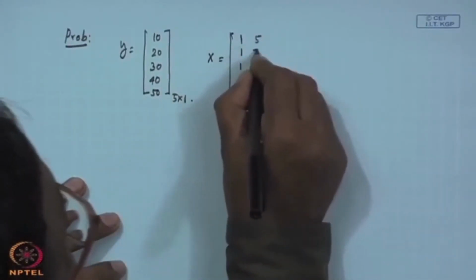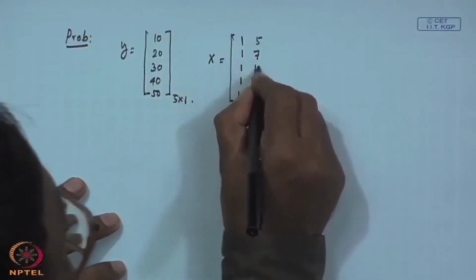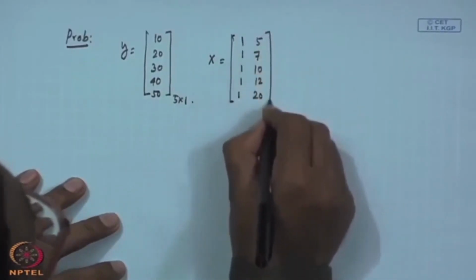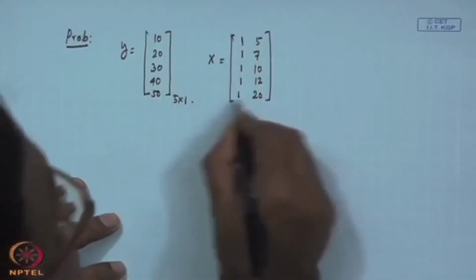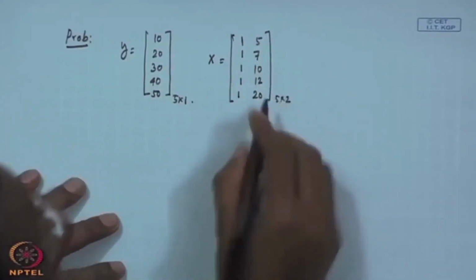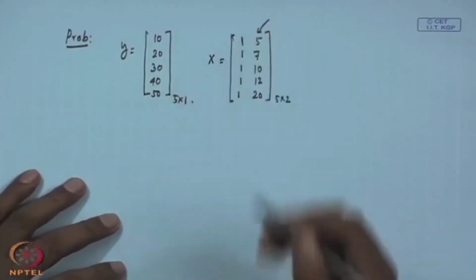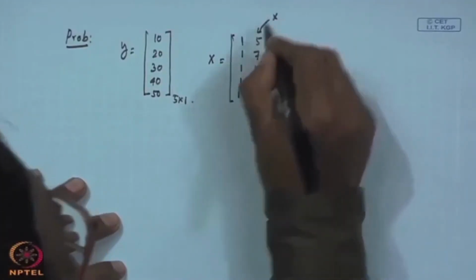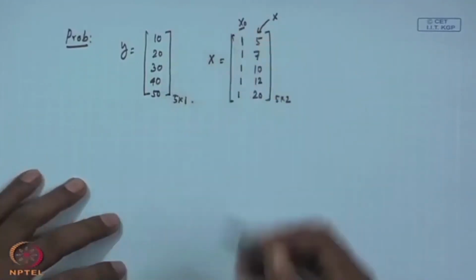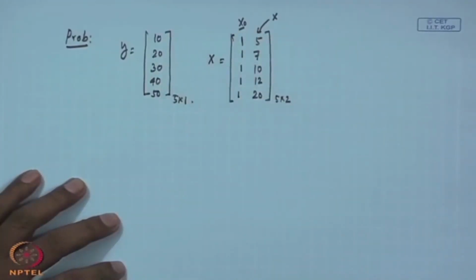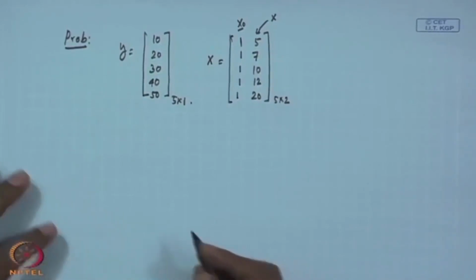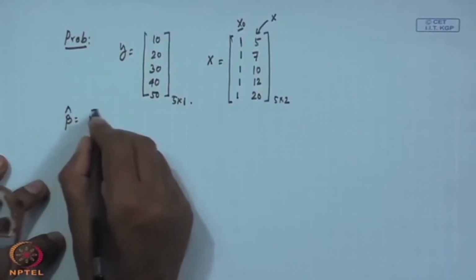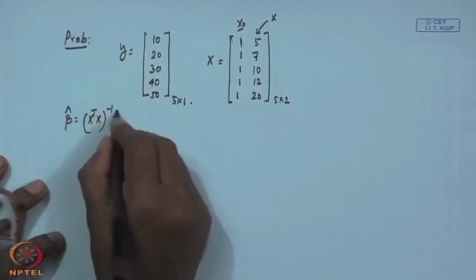Then let it be 5, 7, 10, 12, 20. It is basically 5 cross 2, so that means we have taken only one independent variable, that is x, and this one is your x0. Only one you have taken. Okay. So, what do you require to calculate? You require to calculate beta cap, which is x transpose x inverse x transpose y.